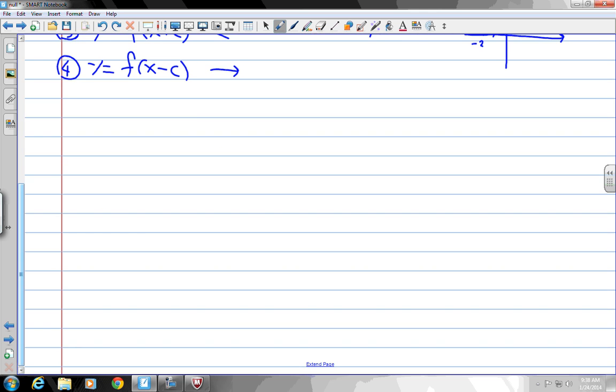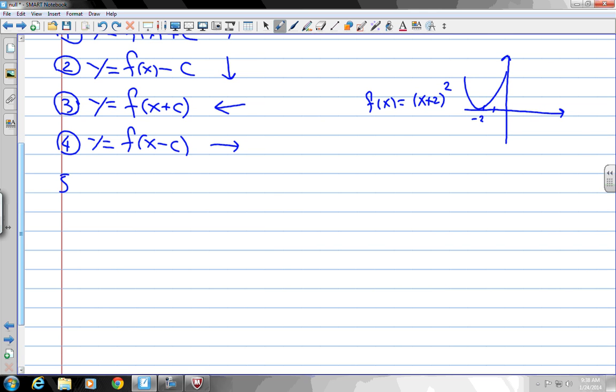Now let's do the flips. y equals negative f of x. So if I place a negative in front of the function, what happens to the graph of that function? Right, it flips over the x-axis. Because again, from what I said earlier, we're messing on the outside.